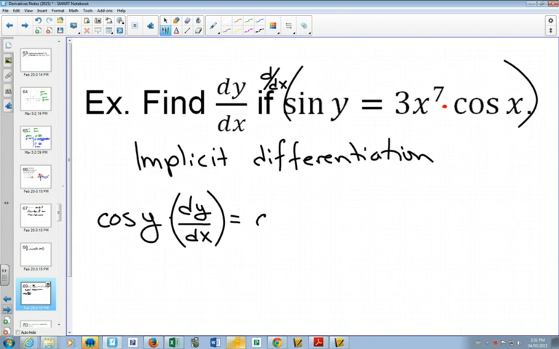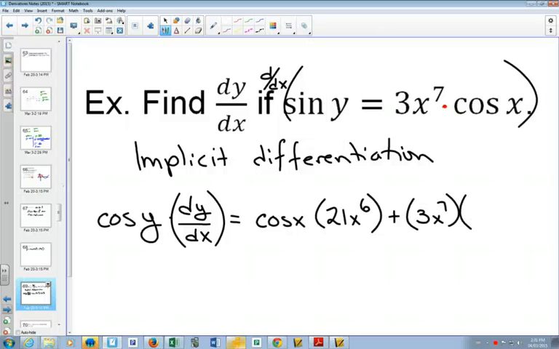Keep one of them the same. Do the derivative of the other one. Plus keep the other one the same. Derivative of cos is negative sine.